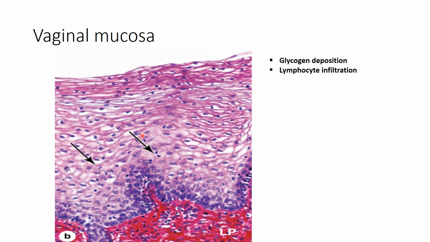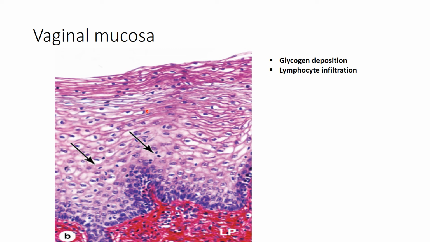Now glycogen is a prominent component of the vaginal epithelium, more in the superficial layer and less in the deeper layer. It is under the influence of hormonal changes. During the follicular phase of the menstrual cycle, glycogen accumulates in the vaginal epithelium and reaches its maximum level just before ovulation. Estrogen stimulates the vaginal cells to synthesize and accumulate an increased amount of glycogen.